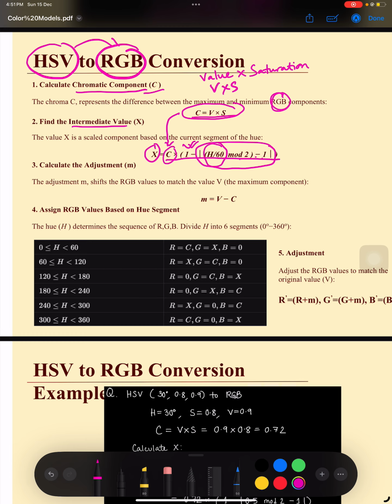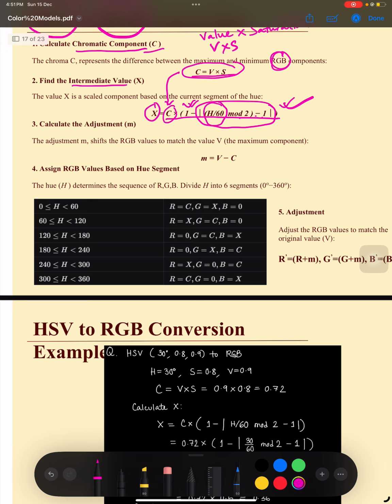After this, we will find the adjustment M, which has a simple value of V minus C. This V again is our given value, and this C is the value we found right at the beginning. With C, X, and M, the calculation will be half over.